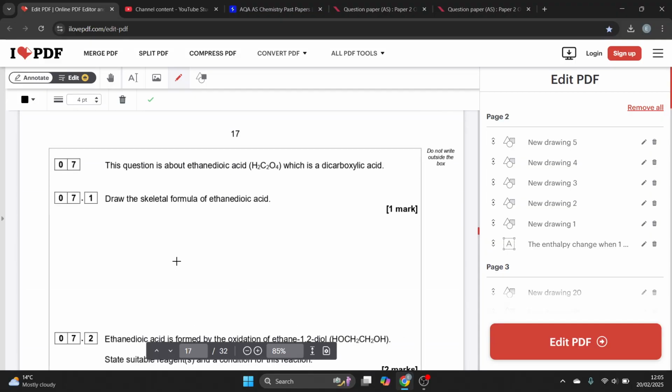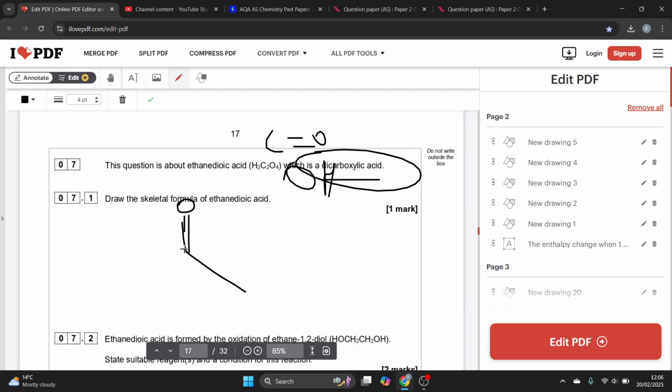Draw a skeletal formula of ethanedioic acid. So ethanedioic acid, it's a dicarboxylic acid, that's the key part. So it's going to have the C double bond O, and it's also going to have the OH, right? So first things first, ethane. You could do it like this, and then I've got double bond O, HO here, then you've got your double bond O, OH here.